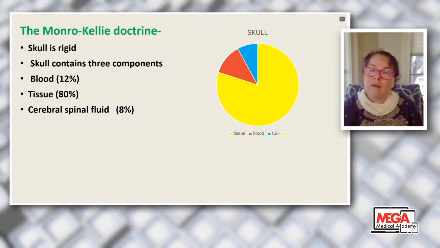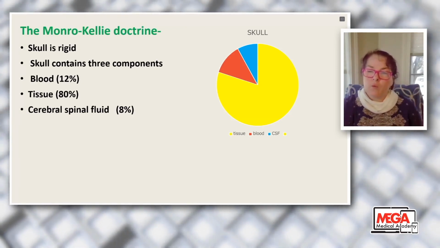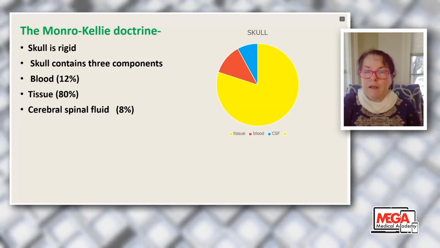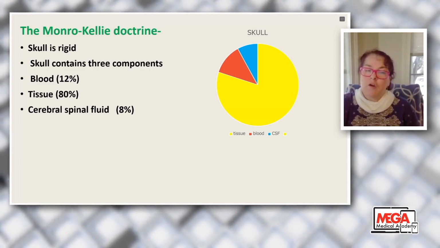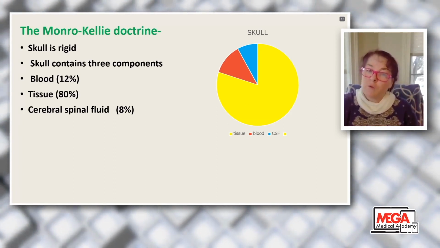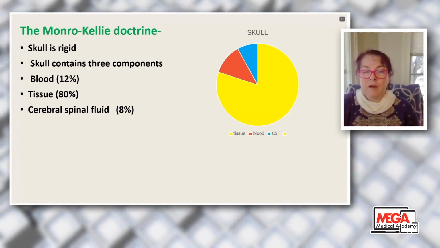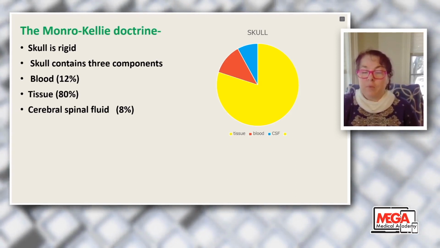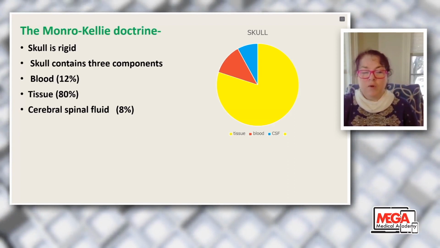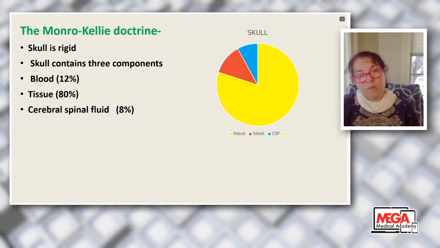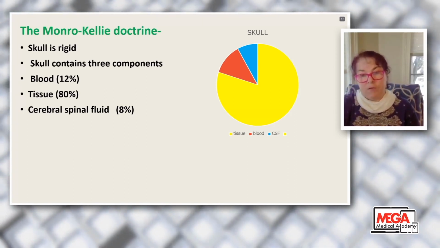What this says is that the skull is a rigid container. And in this rigid container, you're going to have 3 components. You're going to have the tissue component, which makes up roughly 80% of the space. You're going to have the blood component that makes up about 12% of your space, and the cerebral spinal fluid component, which makes up about 8% of the space.